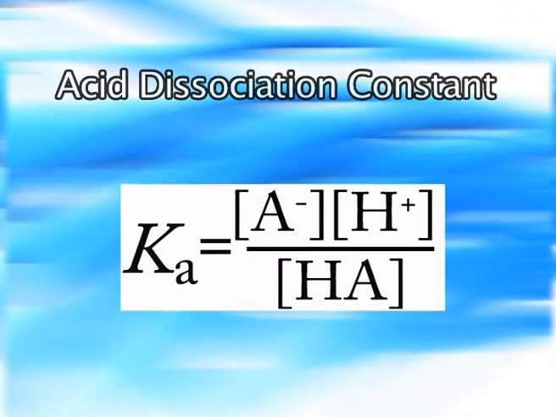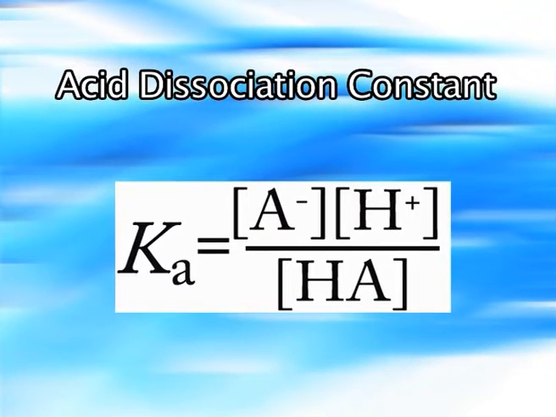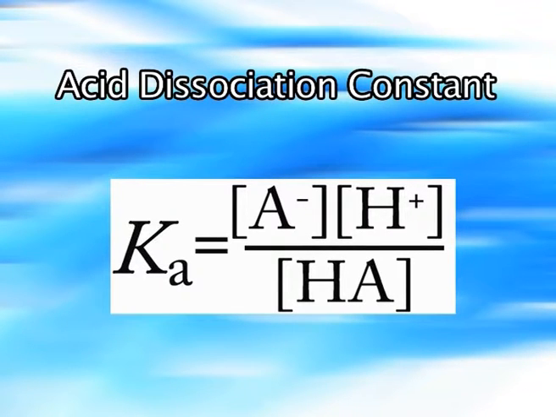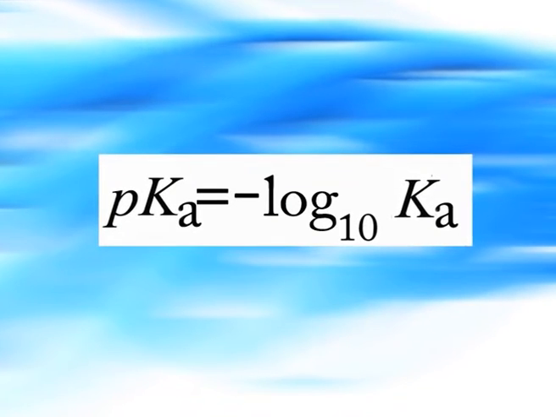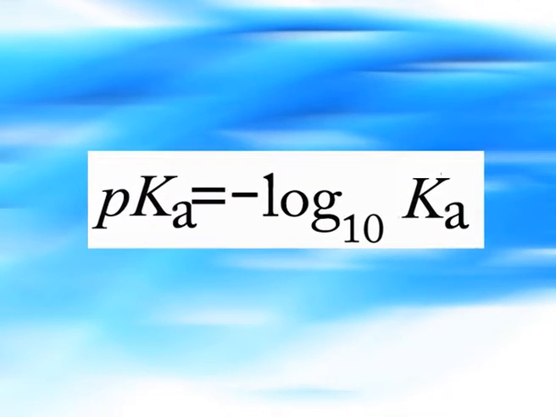Now Ka equals the concentration of A minus times the concentration of H plus divided by the concentration of undissociated HA, and pKa equals minus log Ka to the base 10.